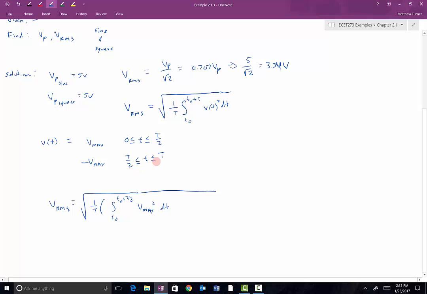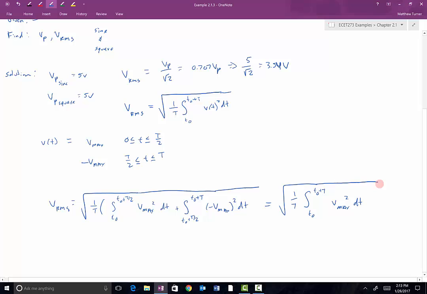Now I have to go from T over 2 to T. So that's the integral from t0 plus T over 2 to t0 plus T of minus V max squared dt. You can see that minus V max squared is going to be the same as V max squared. So this really simplifies down to 1 over T integral from t0 to t0 plus T of V max squared dt.